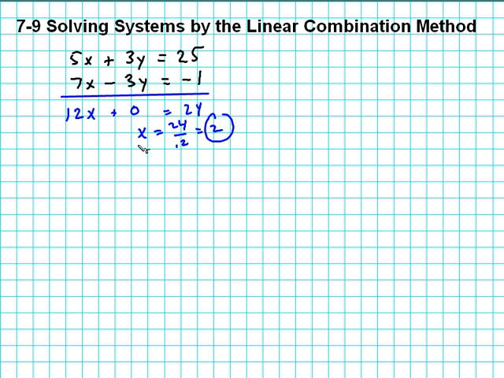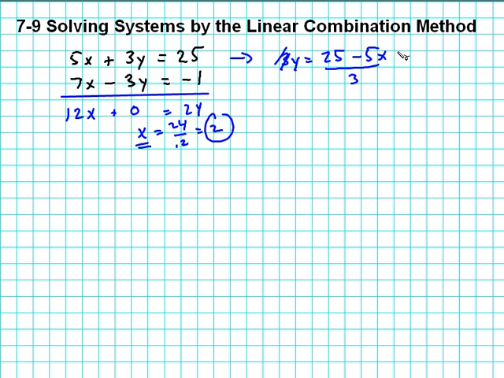Now, that gives us x. All right, how do you find y? Well, we can go back to our substitution method and find y. So I like to first of all solve for y and then plug it in. I could plug in the 2 and then solve for y. So let's rearrange this first equation. You could take either equation really. So I'll have 3y is equal to 25 minus 5x, and let's go ahead and divide by 3.